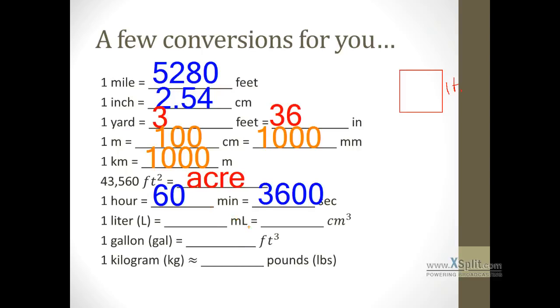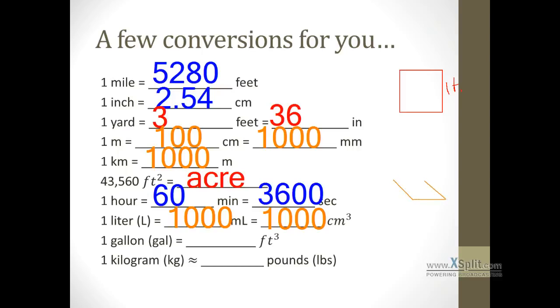A liter, this goes back to the milli being 1,000. 1,000 milliliters inside of 1 liter. Also 1,000 cubic centimeters inside of a liter. Imagine picking up a liter bottle of soda, right? 1 liter bottle of soda.